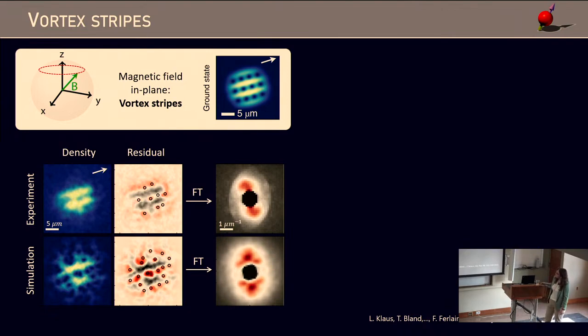You can see that these vortices are kind of aligned. They have this preferential direction that is more visible if you perform a Fourier transform of the residual, because you see the presence of these two peaks in k-space that resemble the periodicity in stripes in position space, or in the residual.